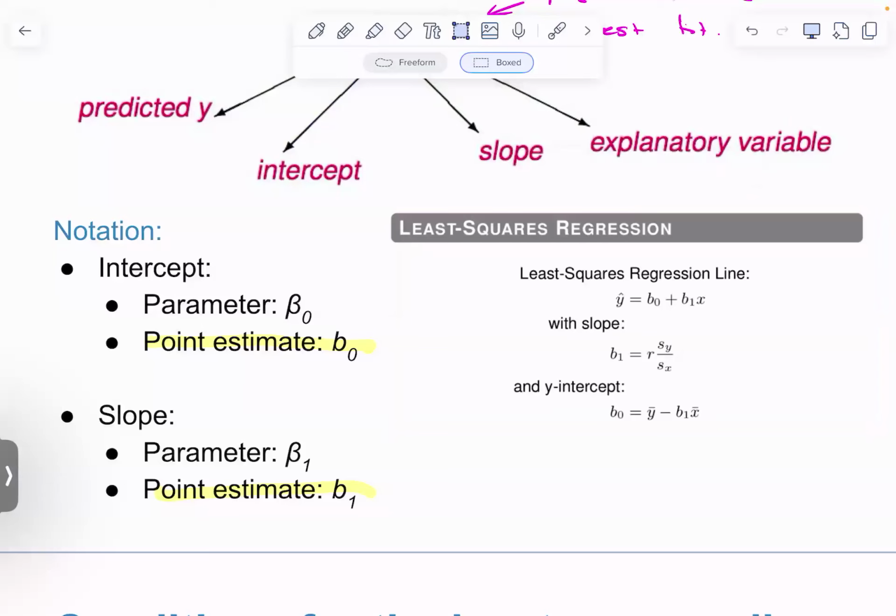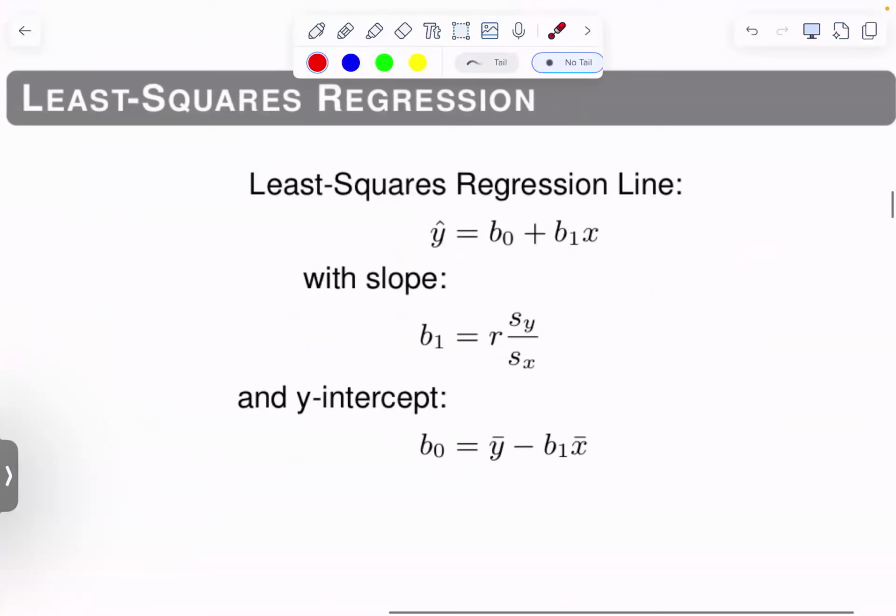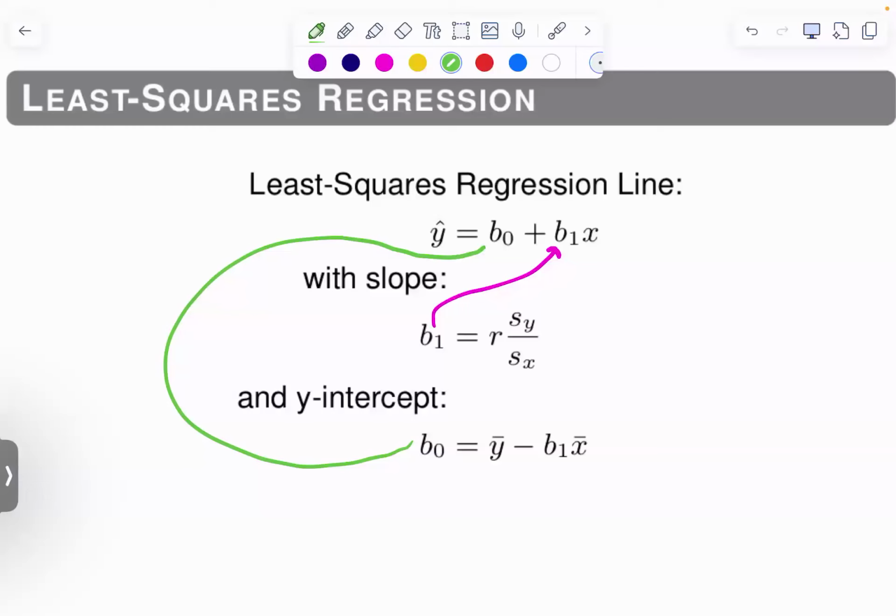For us, the least squares regression line, we've already seen it. Y hat is b0 plus b1 times x. And I even tell you what the slope is. The slope is b1. And the intercept is b naught.